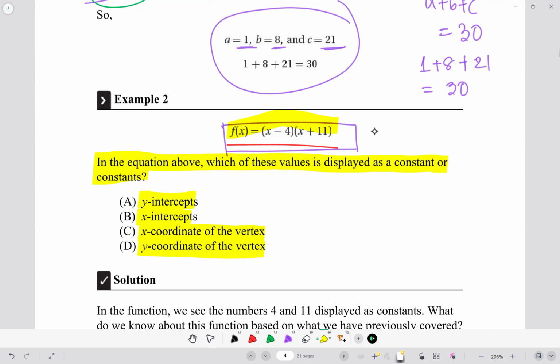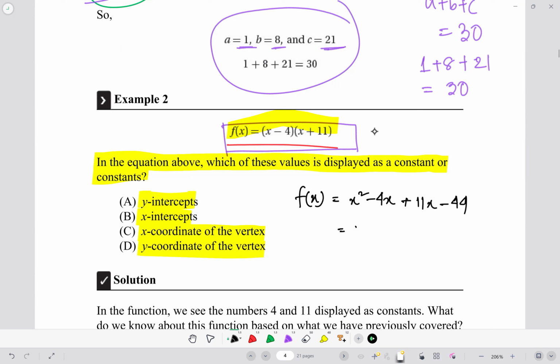At least simplify it first of all. So f of x is equal to x squared minus 4x plus 11x minus 44.